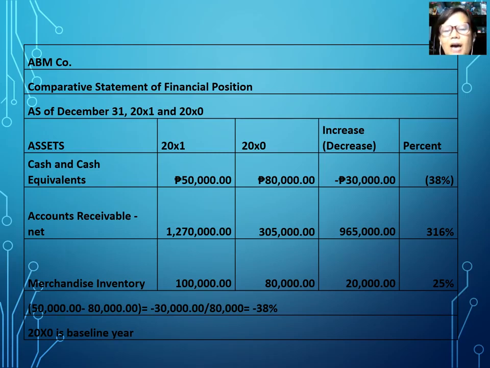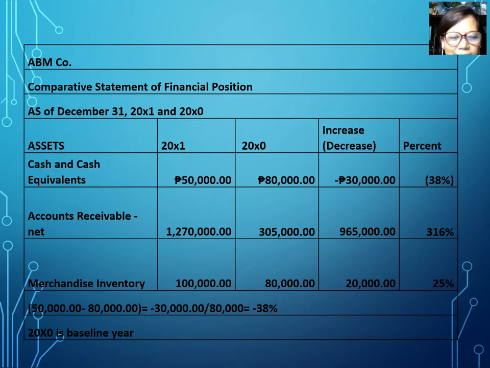Nanggaling siya sa 0.25 na naging 25% kasi inilipat ng dalawang places from the point hanggang sa right. Dalawang beses. Or another way is to multiply the decimal amount by 100. Okay?